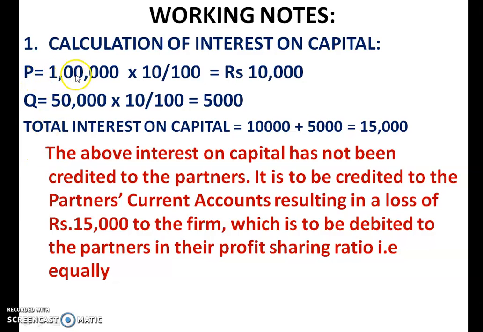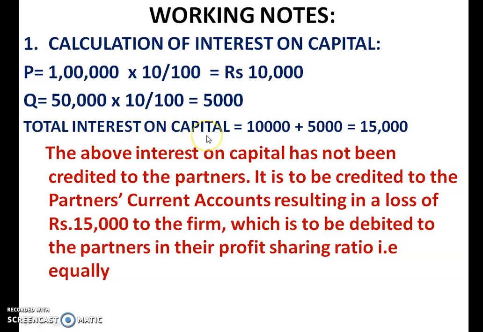P is 1 lakh, interest rate is 10%, so 1 lakh into 10% will give you 10,000 as P's interest on capital. Now what about Q? Q's capital is 50,000 into 10%, that will give you 5,000 as Q's interest on capital.